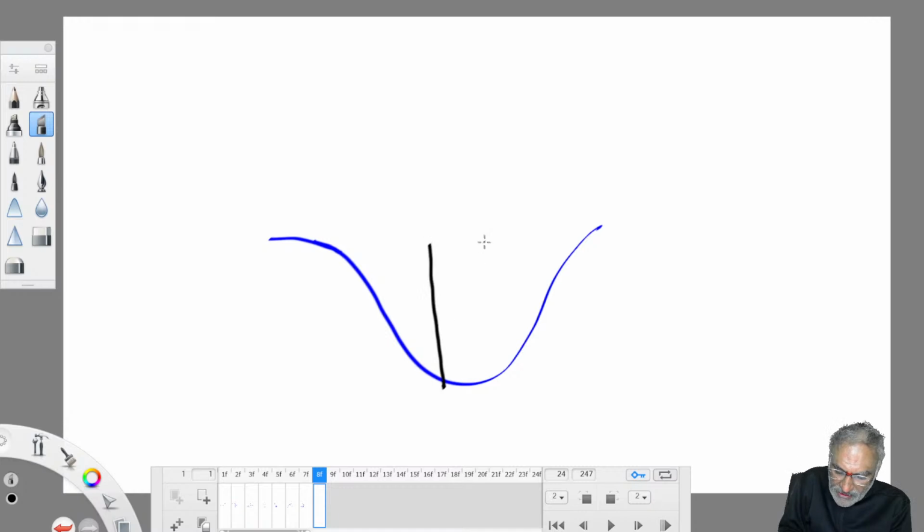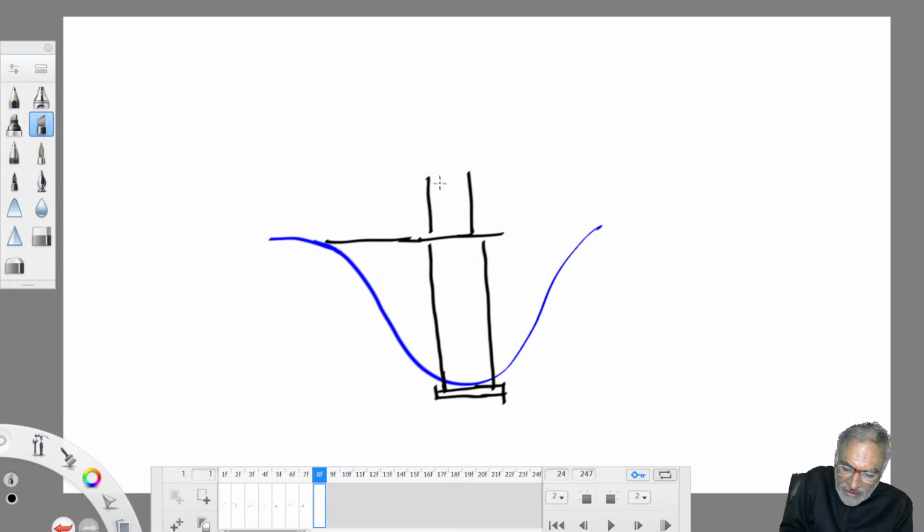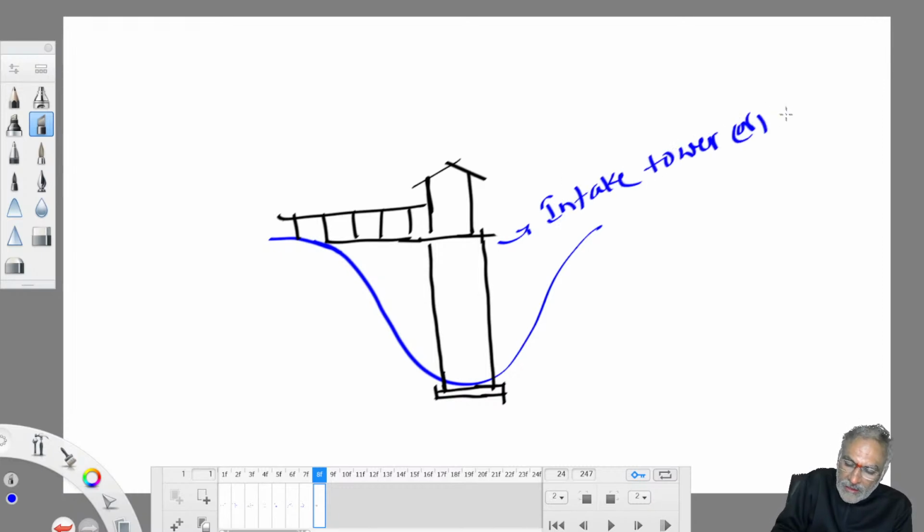One massive tower is constructed at the bed of a river, with a footbridge and proper arrangement for people to carry out the job. So they can walk and reach there. This massive tower constructed at the bed of the river to collect water is called an intake. This is called an intake structure, or intake tower.